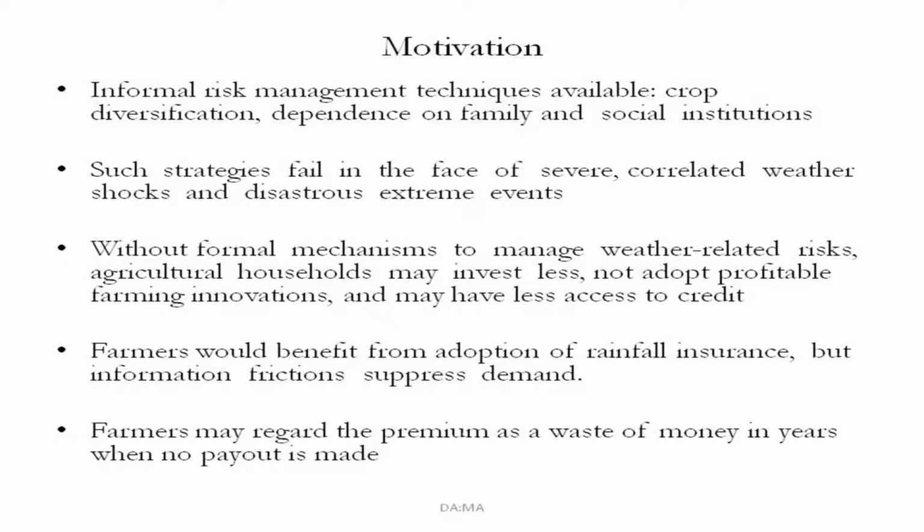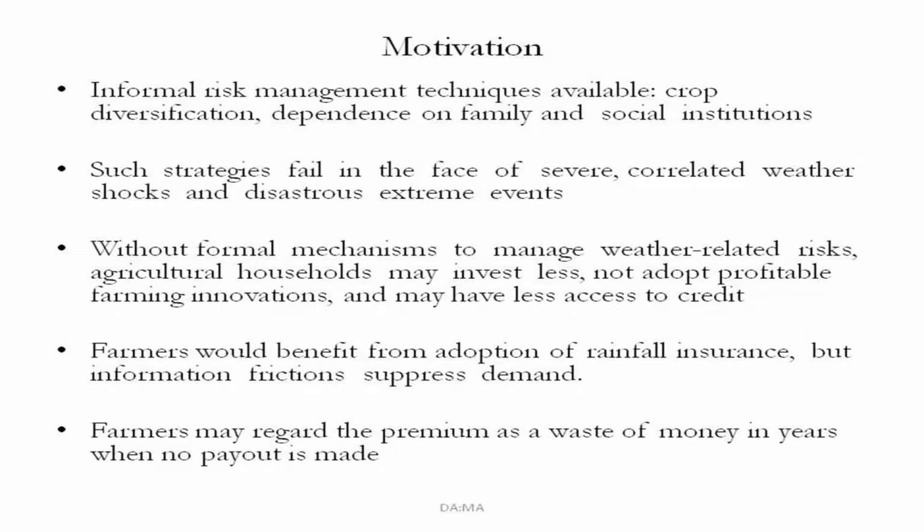So, the motivation for this study comes from the fact that in most developing countries, risk management is primarily informal. There are informal techniques available like crop diversification. Because people might be affected by weather or high rainfall in one particular type of crop and their entire income would go down, people diversify across crops. Sometimes they depend on family and relatives for credit in the case of adverse shocks.